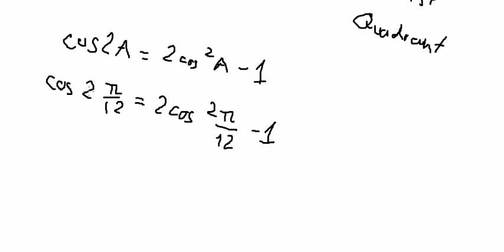So 2 multiplied with π over 12, you got about cosine π over 6.